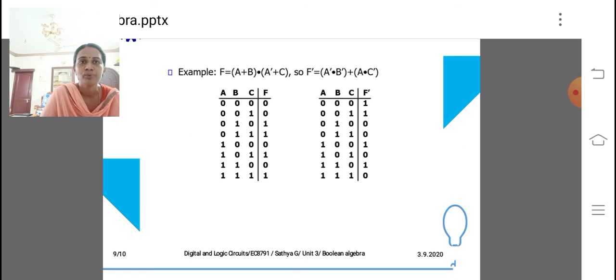For this, first you have to find out what is a plus b and what is a dash plus c. Already I have explained, a value is given, so you have to find out a dash. So what will you do? You have to take the complement of the a input, do the a dash plus c operation, and multiply these two values to find the f value. That is your first case.